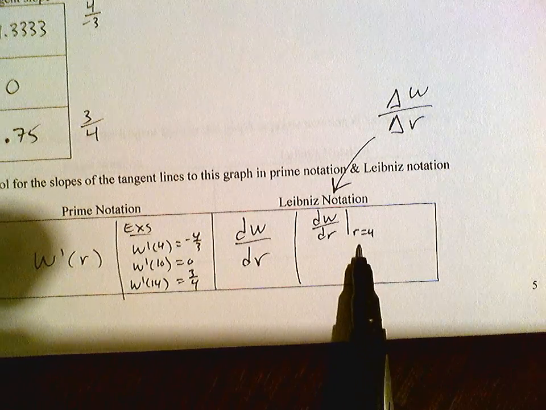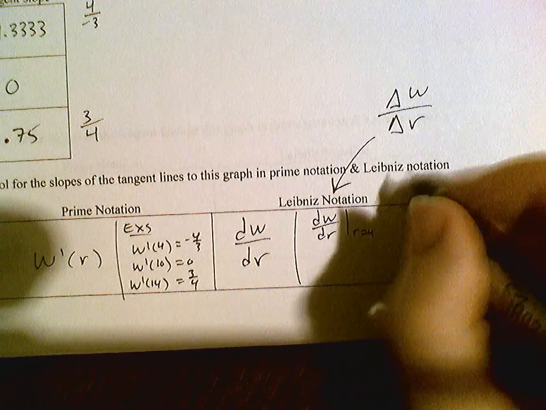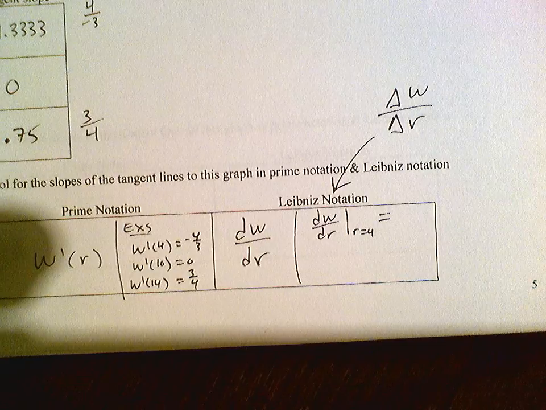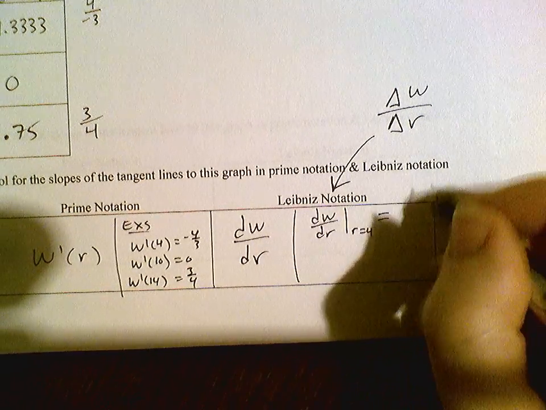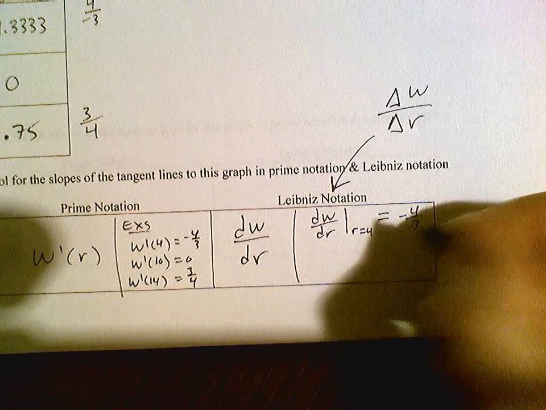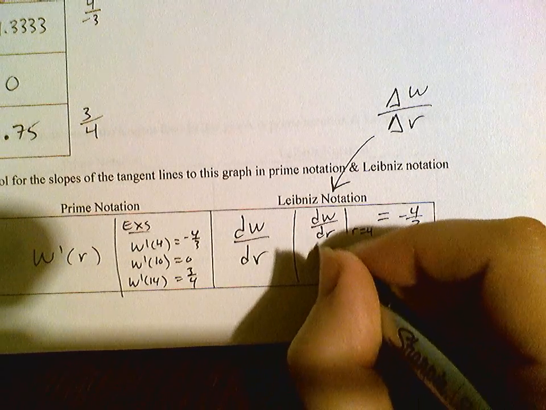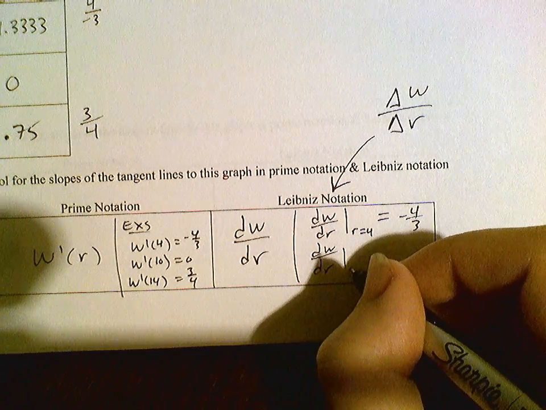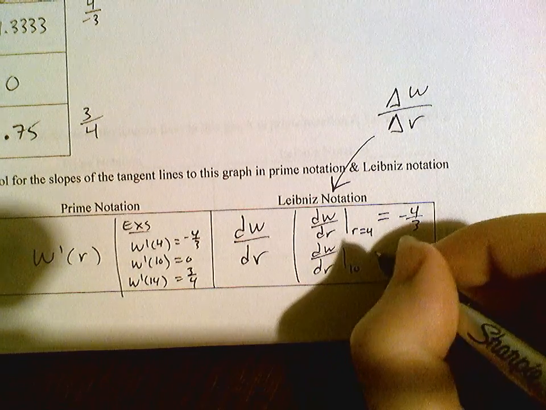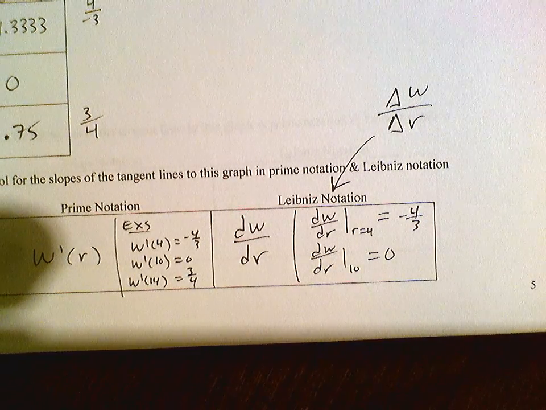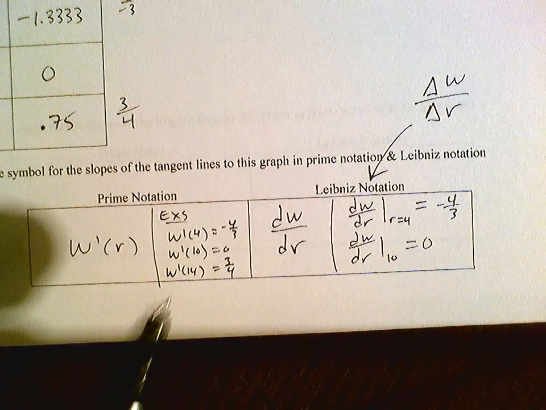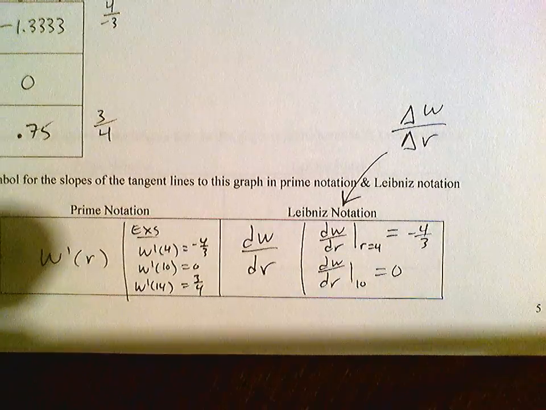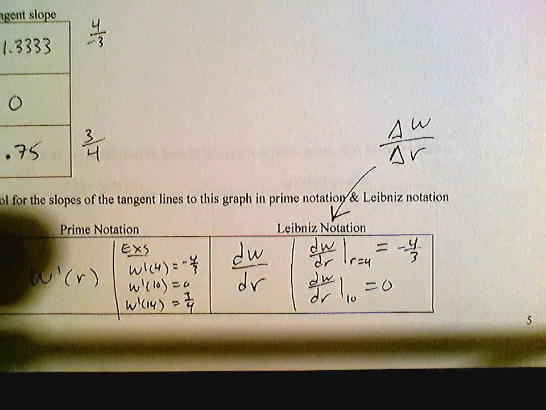Maybe they would just put a 4 down there instead of r equals. I'm sure that'd be fine too, because this is bothering me that I have two equal signs next to each other. Equals -4/3. Okay, so let me try it a different way. dw over dr, I'll just do one more, bar 10, and then we ended up with 0. Okay, the prime notation I prefer, but you'll see Leibniz a lot, and you'll definitely need to be able to recognize it and use it.